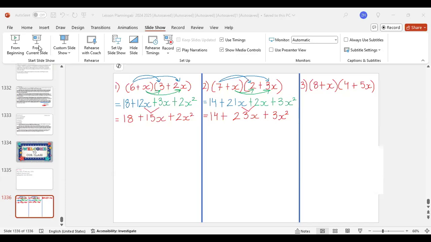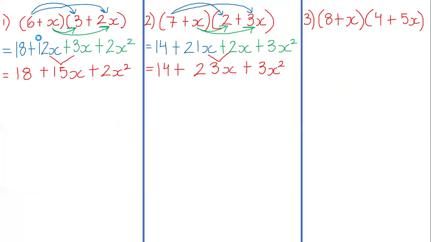Let's go ahead and answer this, okay? How are we getting 84 plus 5x squared? How is it possible? They added 40 with 44.